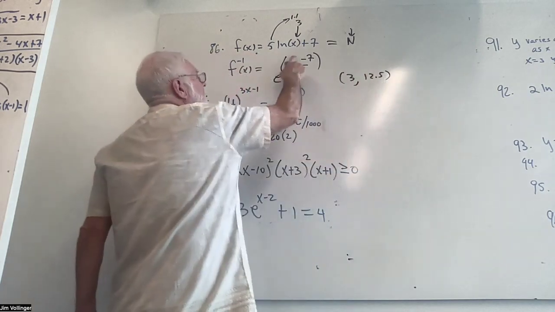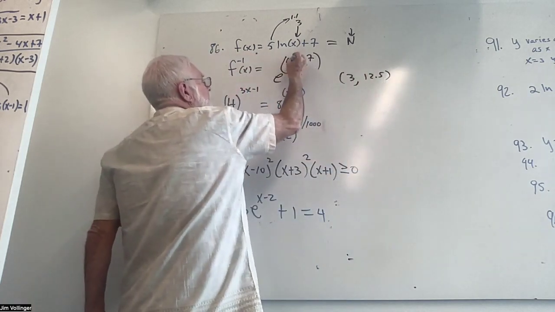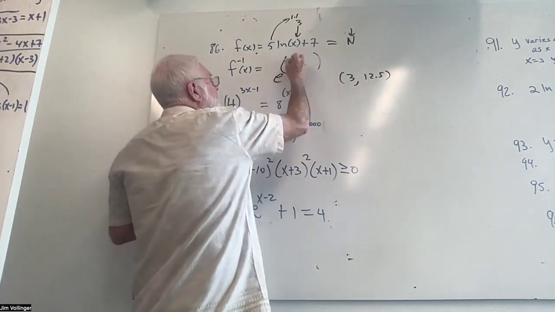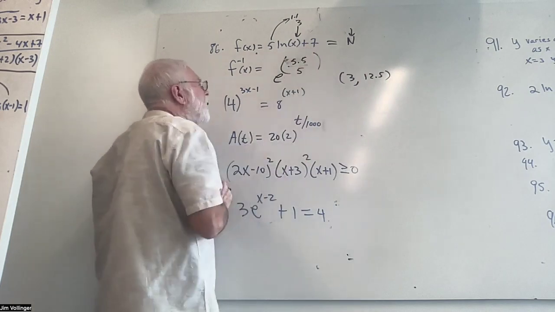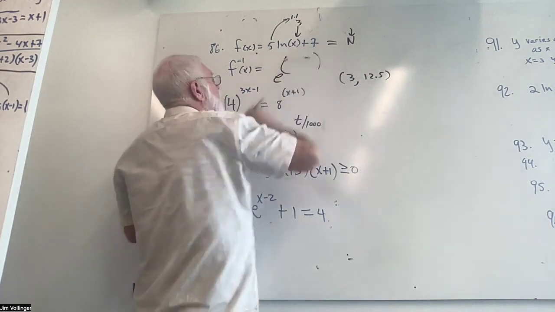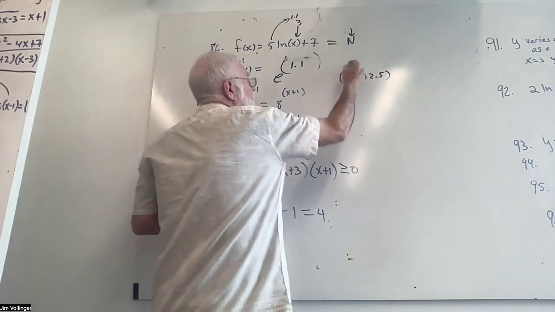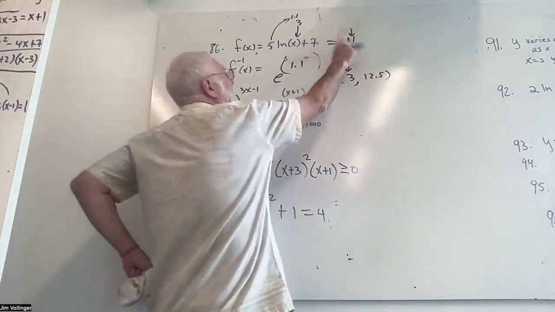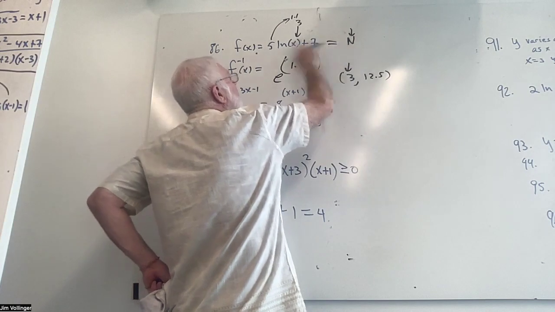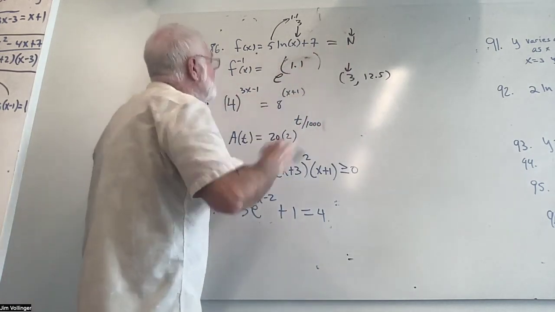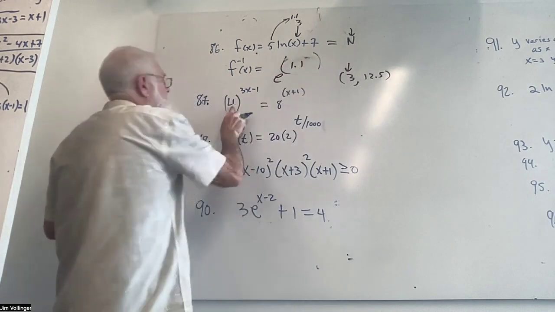So let's put 12.5 in here. 12.5 minus 7, 5.5. 5.5 divided by 5, 1.1. I wonder what e to the 1.1 is approximately. 3. So the output of this equation is the input over here. Good to know.